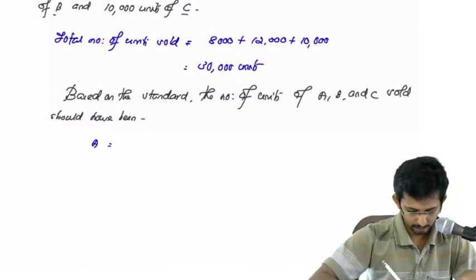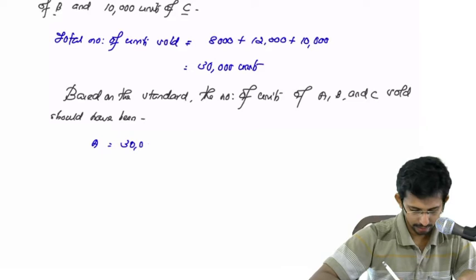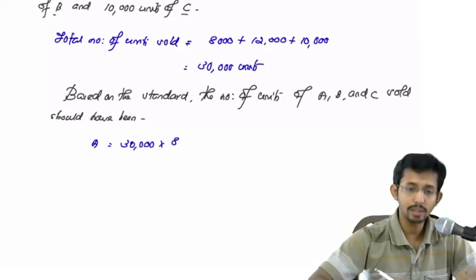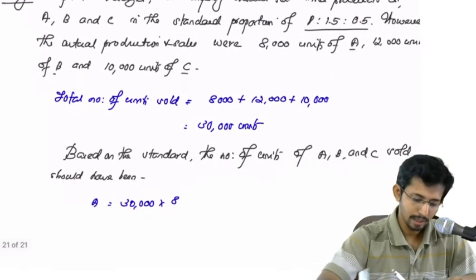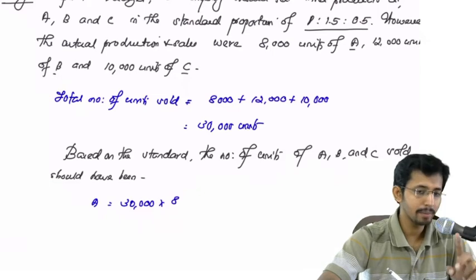A is equal to 30,000 into the proportion. 30,000 is the total number of units. Now what is the proportion? 1 plus 1.5 plus 0.5 will be 3.